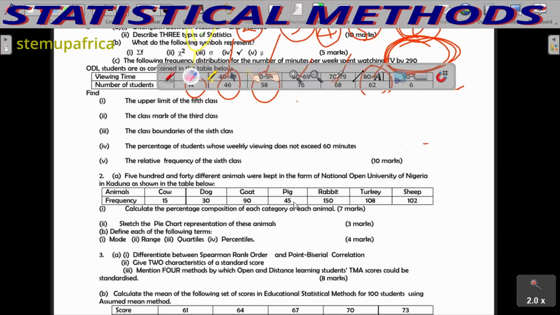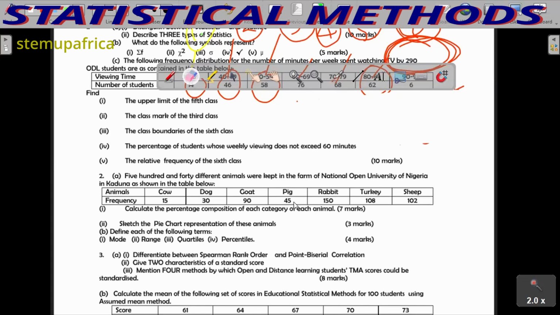Then the next question says you should define quartile. The word quartile is gotten from quarter, which means 4. Quartiles are values that divide an ordered set of data into 4 equal parts.